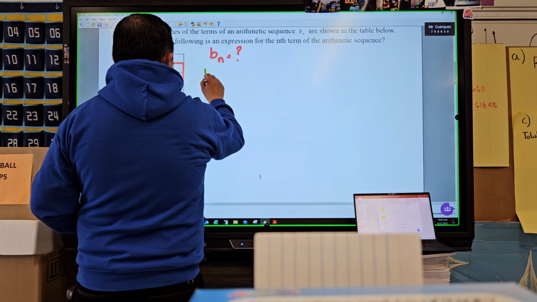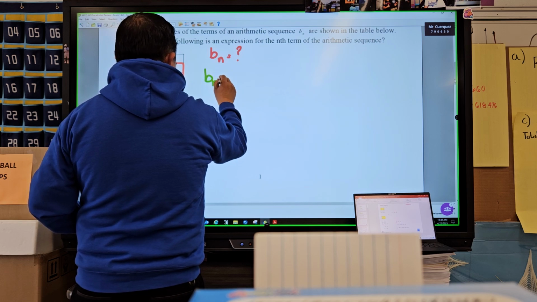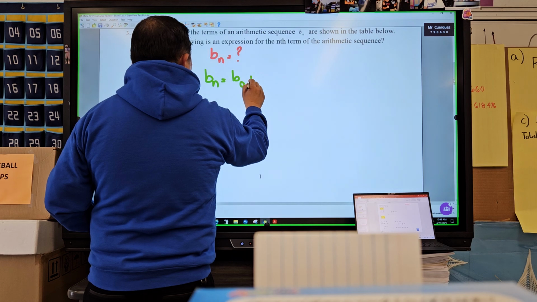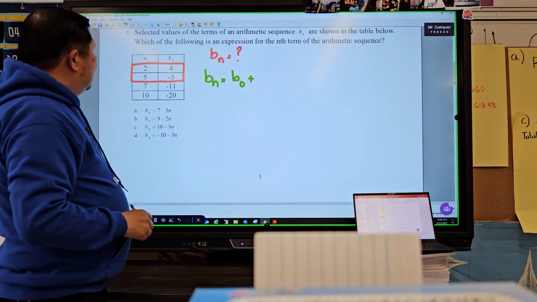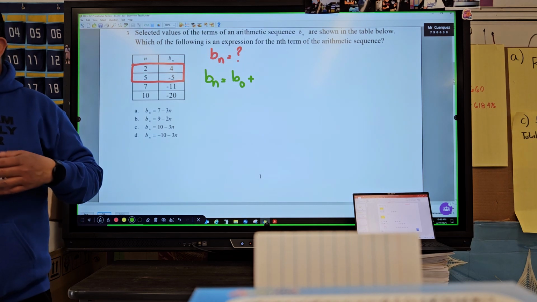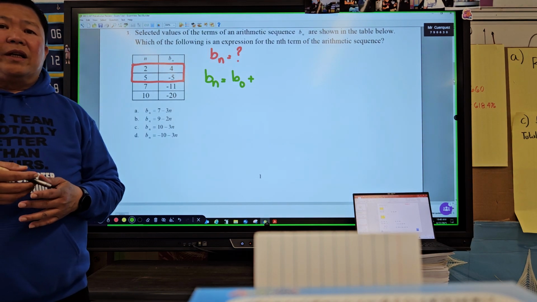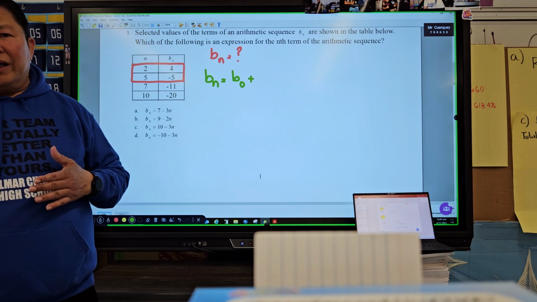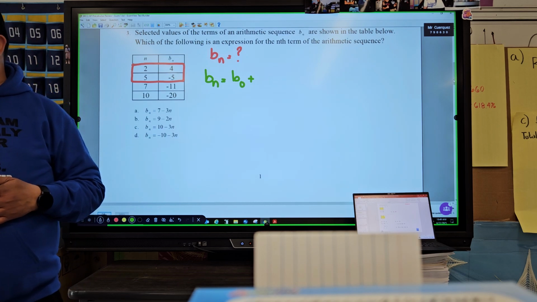I'm going to use b sub n as green, and then it is equal to b sub o plus, now the question says selected values of the terms of an arithmetic sequence. So arithmetic sequence means it has a common difference, but when it says geometric, that is common ratio.